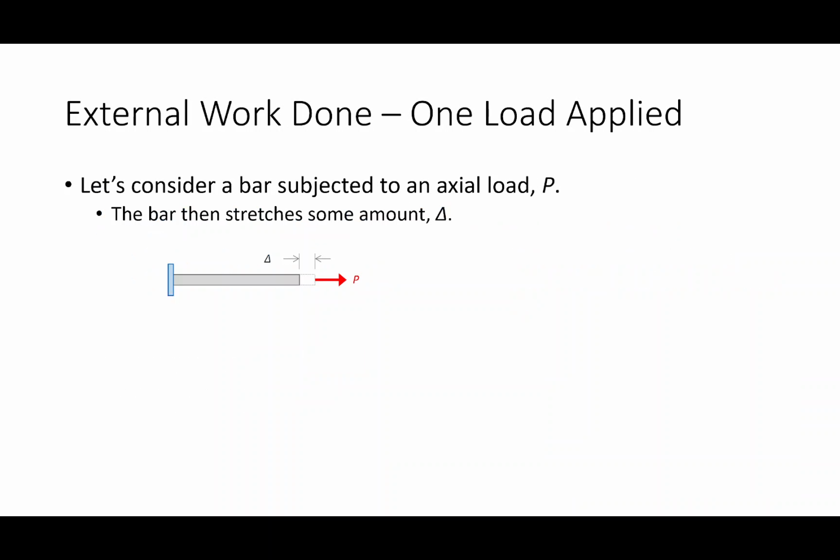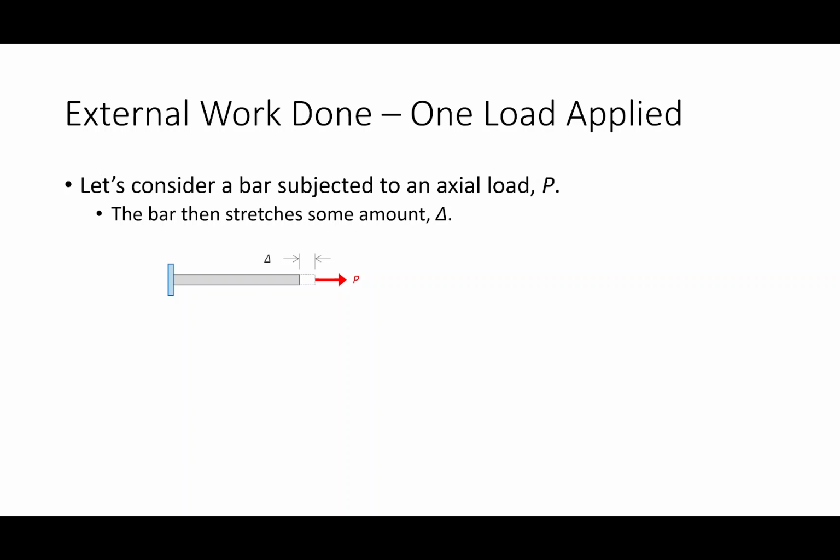Okay. All right. Let's look at external work done. Now I've got one load applied here. Don't get too worked up about that, because I'm going to have two loads later. But for now, let's just keep it simple. So I have the rubber band. I apply a load, and it stretches some amount delta.